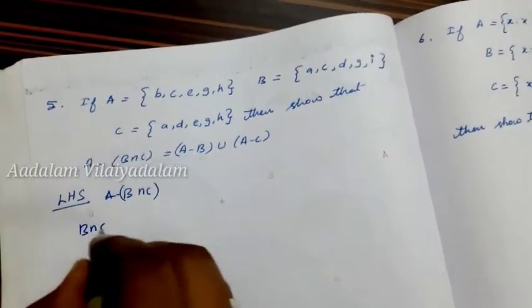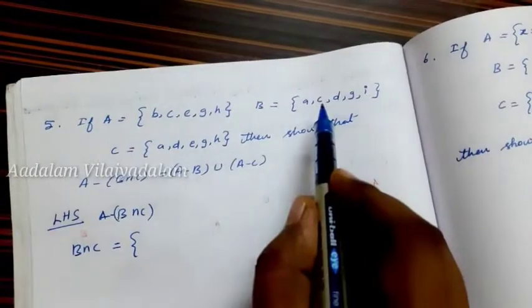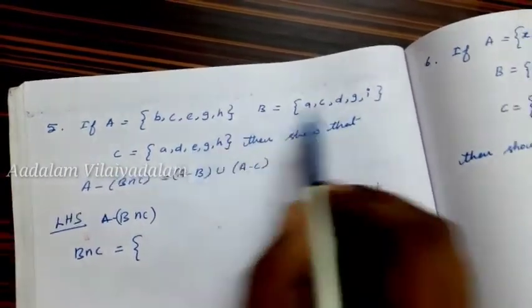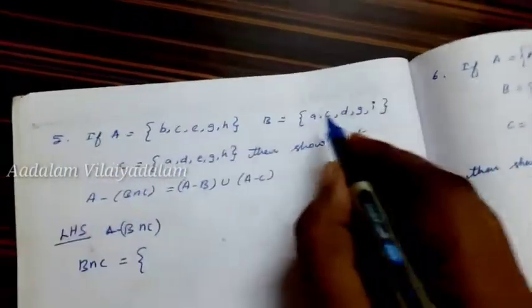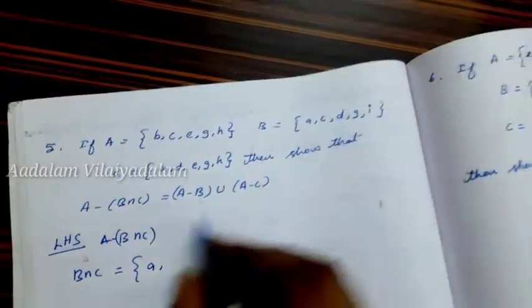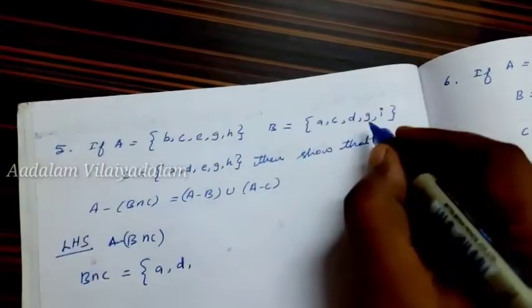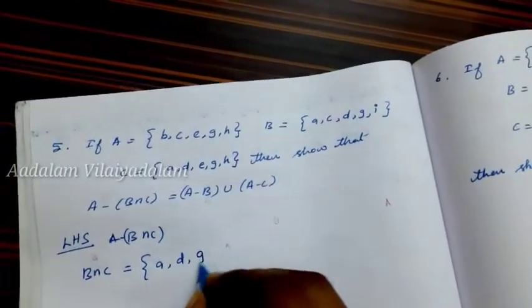Now let's find B intersection C, that is find the common elements of B and C. A is common, C and D is common, E is not common and G is common.